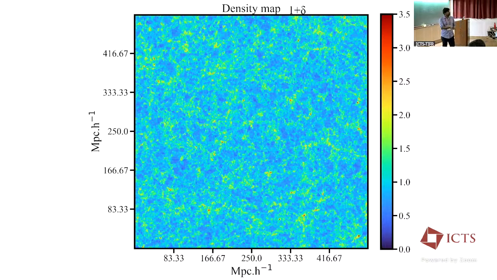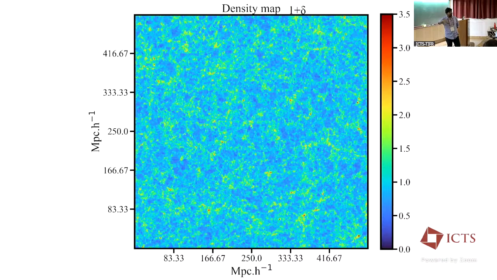You have the Jupyter Notebook script. Maybe if you start running that one, it will produce a figure something like this. Now you see, this is 1 plus delta, and there are regions which are quite high density. These are the probable locations where dark matter halos form.